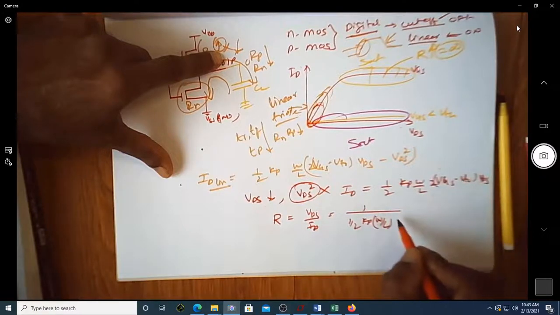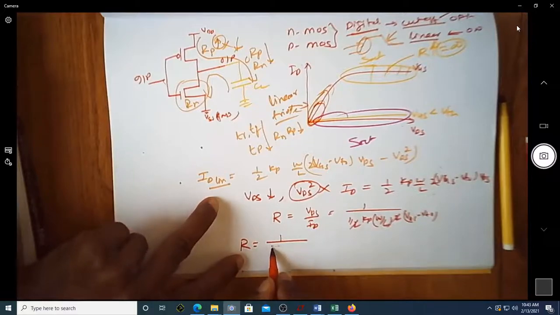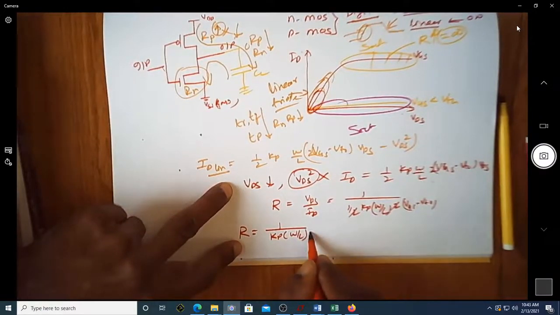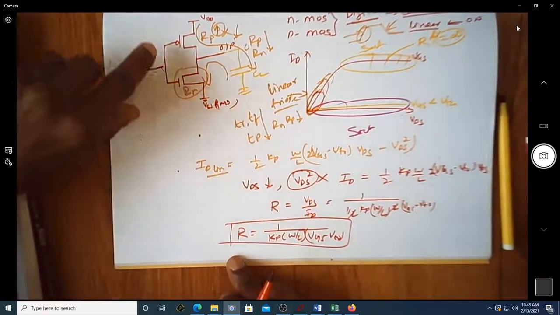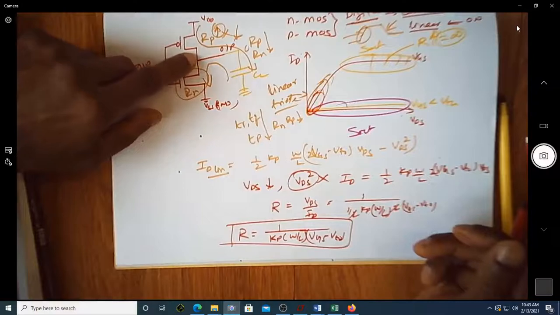Of course the half and the 2 go off, so R is equal to 1 over Kp into W by L times VGS minus VTO. This is the expression for the resistance of either NMOS or PMOS whenever it is charging or discharging.